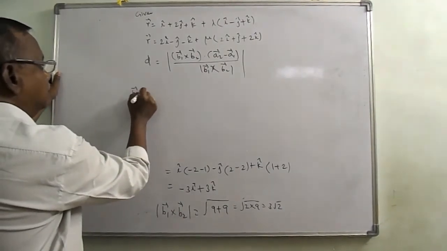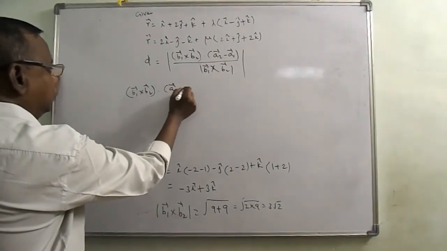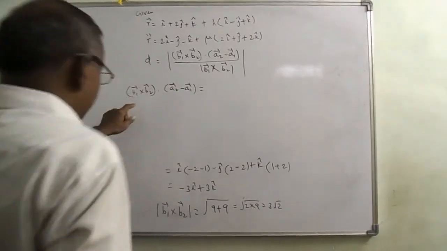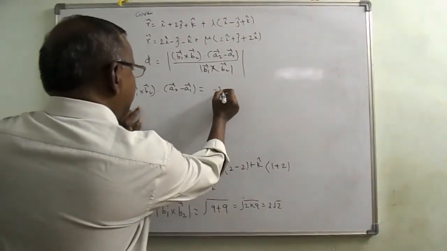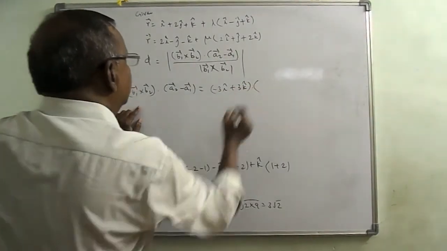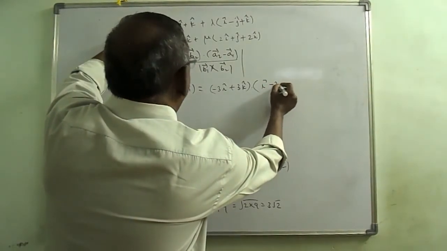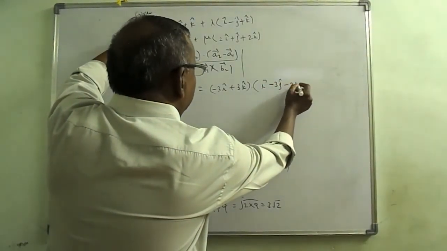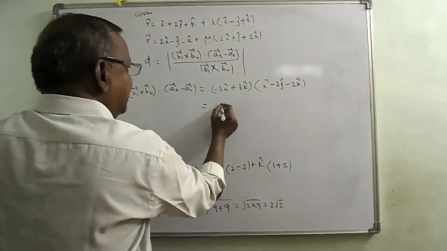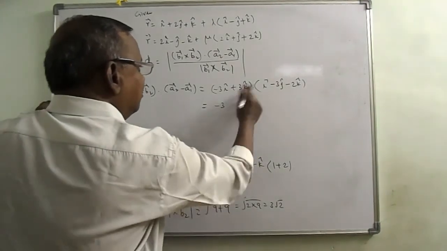Now b1 vector cross b2 vector dot a2 vector minus a1 vector. b1 cross b2 is minus 3i cap plus 3k cap, dot a2 minus a1 equal to i cap minus 3j cap minus 2k cap, that is equal to minus 3 into 1, minus 3, and 0 into minus 3, 0.